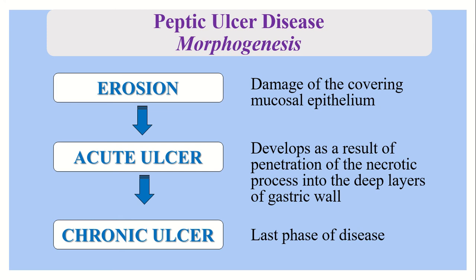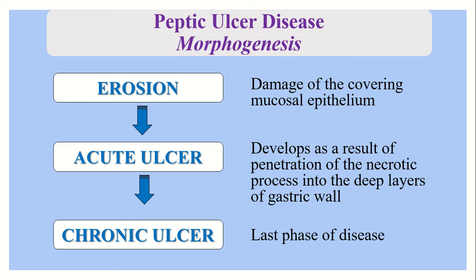There are three morphogenetic periods, stages of peptic ulcer disease. First, let me remind you that peptic ulcer disease is not related with inflammation. Of course, a secondary inflammatory change also develops, but primarily this is not an inflammatory disease. It is manifested with degenerative, necrotic, and sclerotic change.